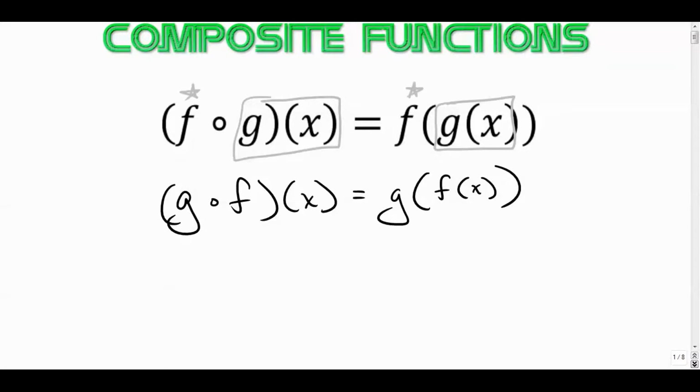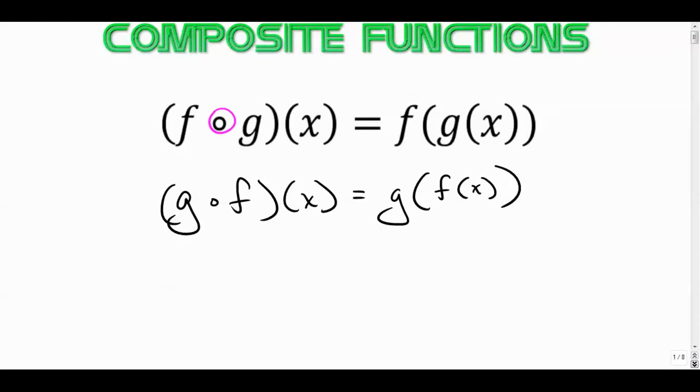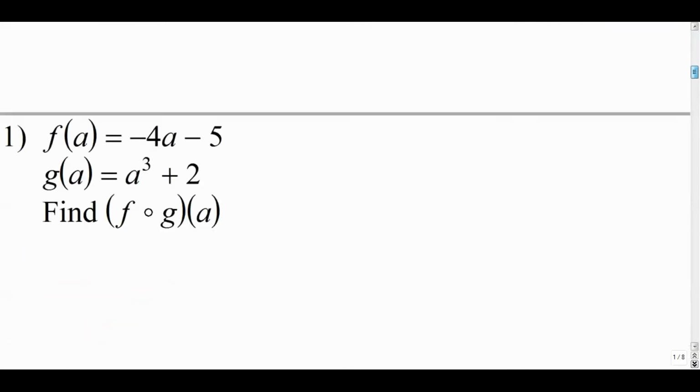And same thing right here: f is closest to x, so that's the one that's going to be nested inside of g, which is listed first right here. That's a little bit confusing in terms of notation, but I wanted to show you that because you're going to see this use of the circle, and when you see that, it means to do some composite stuff. So let's do some examples.